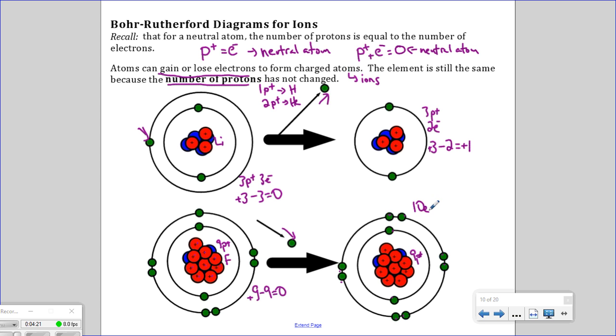When we add those charges together, we have +9 from the number of protons and -10 from the number of electrons, and we get an overall charge of -1. So our elements can be positively charged or negatively charged when they gain or lose electrons.